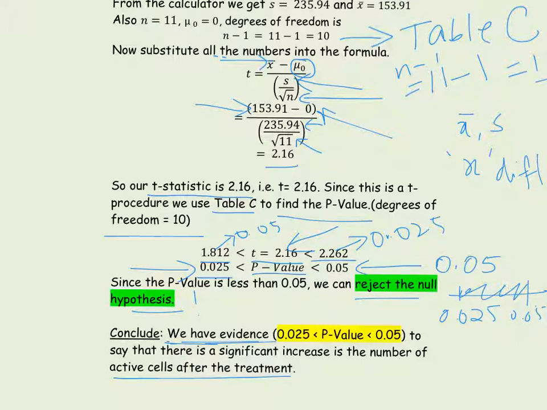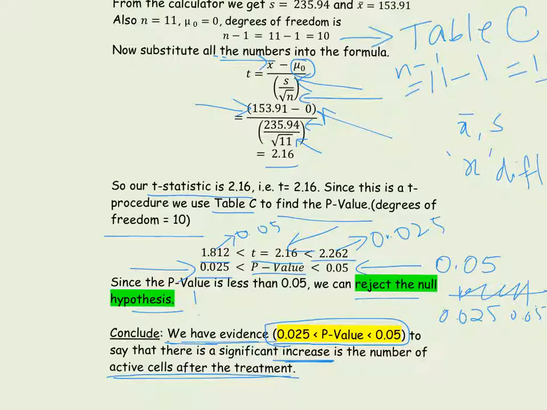So we say we have evidence, and the minute you say evidence, write down your evidence, because without the evidence you don't have anything. So we have evidence, write it down, present it, to say that there is a significant increase. We're talking about a specific direction, so that's an increase in the number of active cells after the treatment.